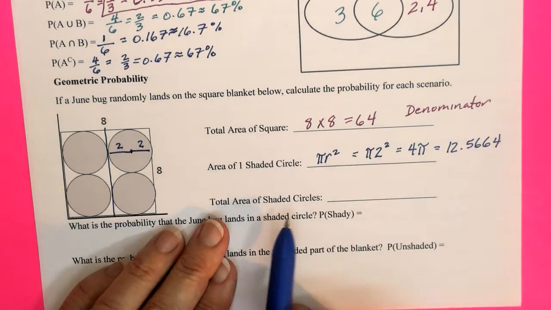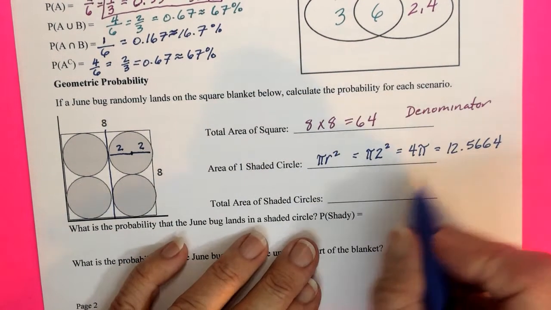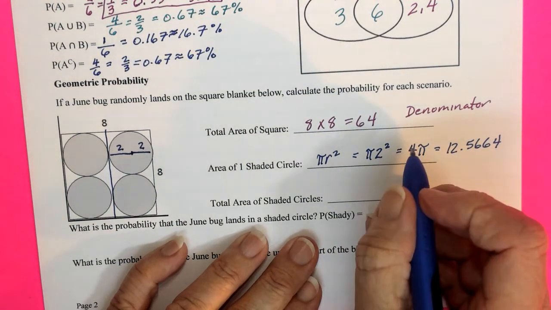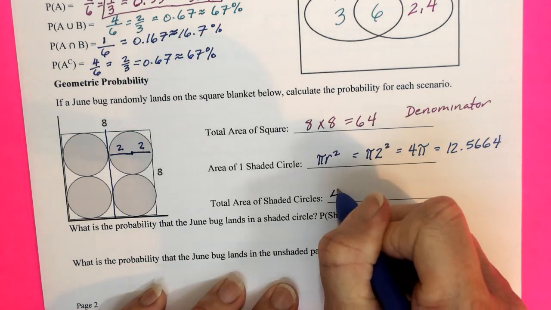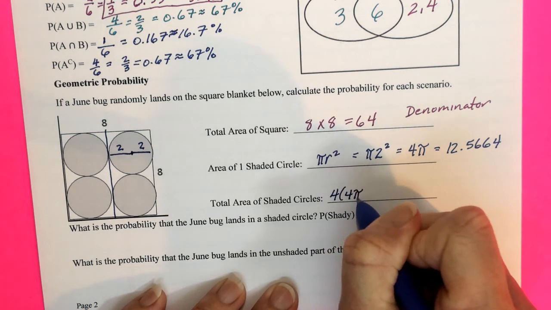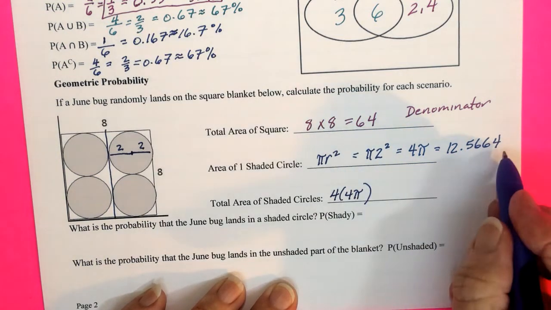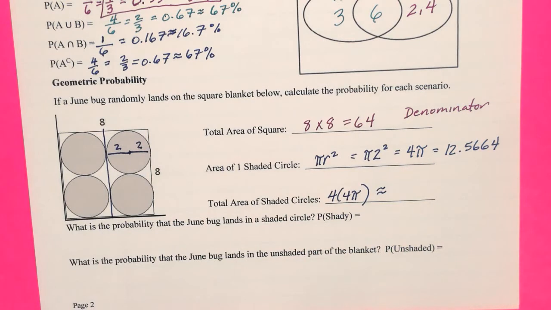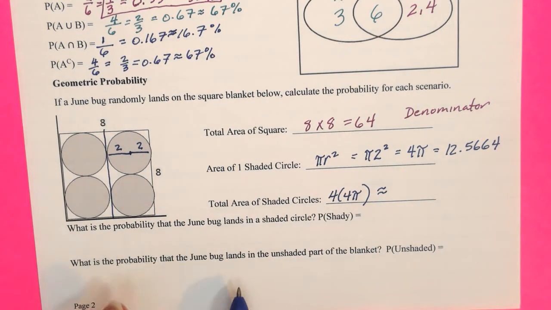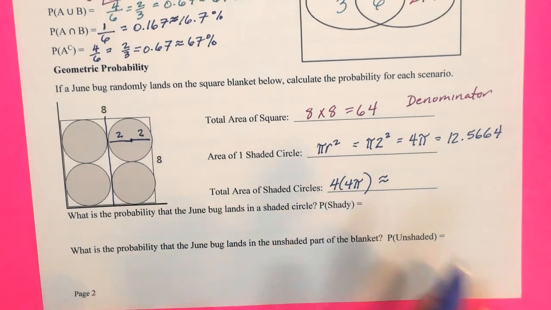Okay, total area of the shaded circles. Well, you take the value you had and you make it 4 times larger because there's 4 circles. So you basically have 4 times 4 pi, or 4 times that decimal, and you never round until the very last step. If this were the last question they asked, I could round. But since I know I'm building down here with more questions, I'm not going to round.